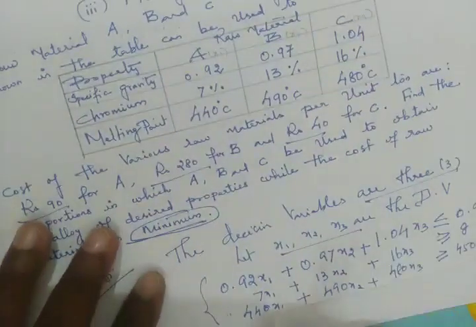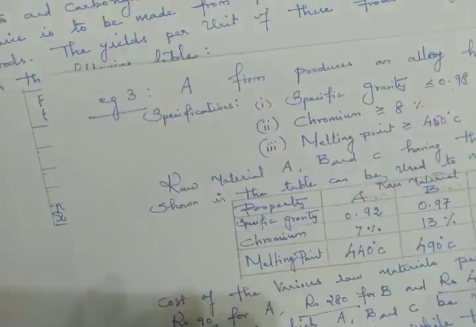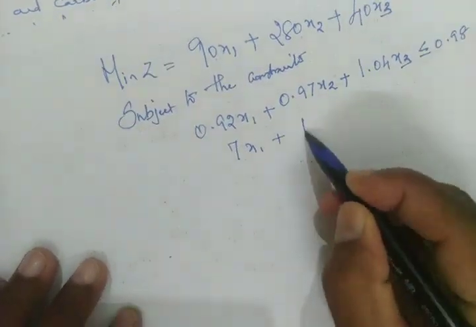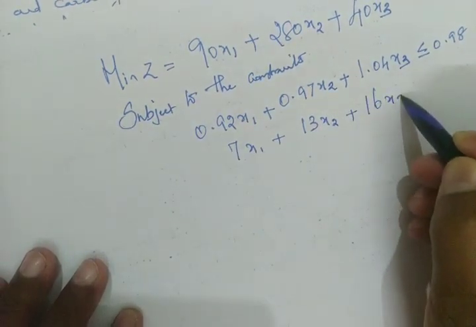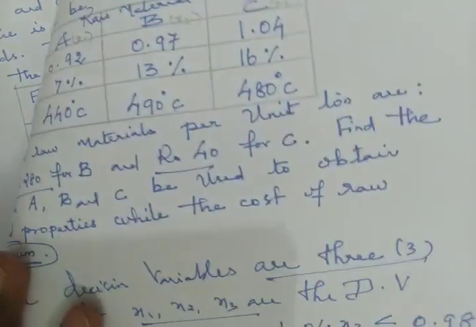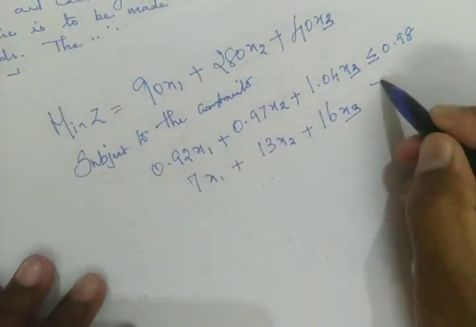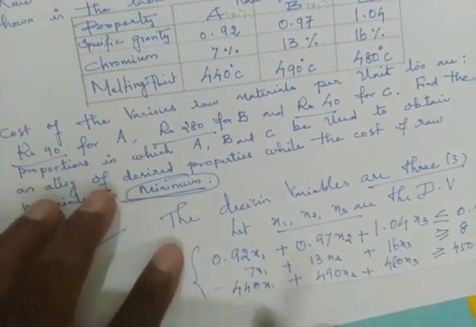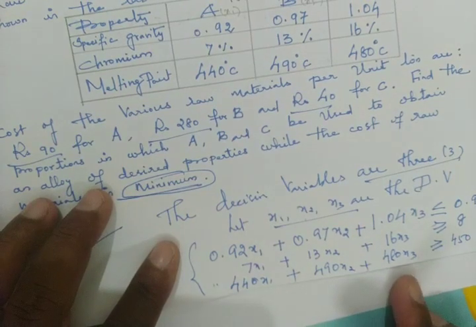The second constraint is 7x1 plus 13x2 plus 16x3 greater than or equal to 8. The third constraint we framed here: 440x1, 490x2, 480x3.